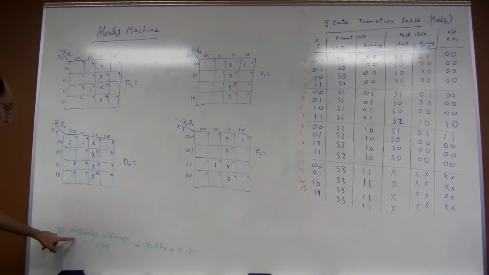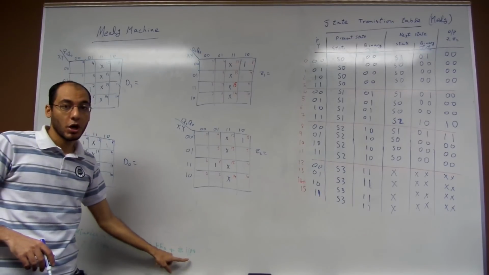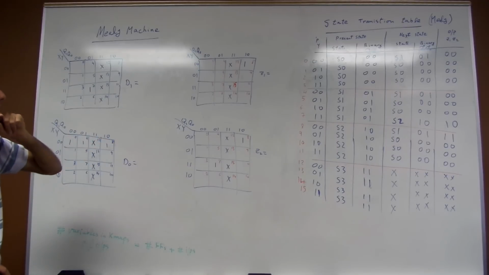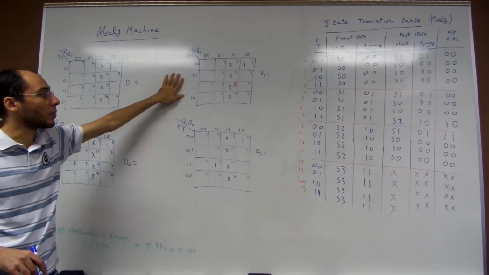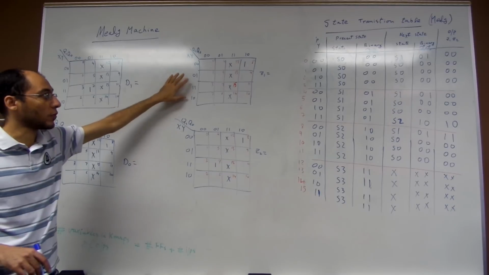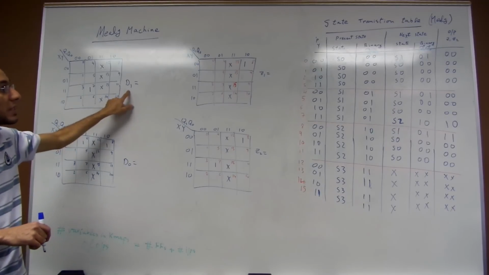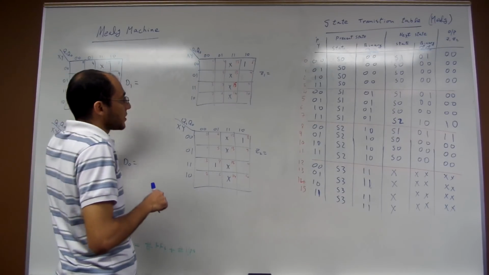In the Mealy machine, the number of variables in the K-maps of the outputs equals the number of flip-flops plus the number of inputs. Alright? And that is the same for any Mealy machine. So the dimension of the K-map of the output of the Mealy is the same as that for the state of the Mealy. Okay? So that's dimension 4, and this is 4 as well.